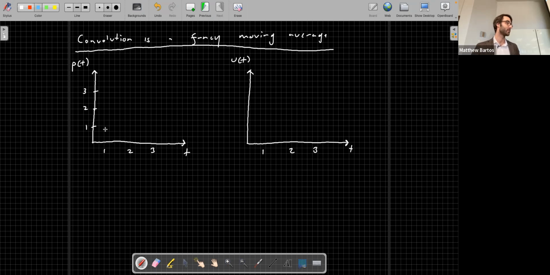Our P function is going to be 3 at time index 1, 1 at time index 2, and 2 at time index 3. And our function U is going to have a constant value of 1/3. So when you apply convolution with a constant function like this as one of your functions, what you end up with will actually be the moving average.